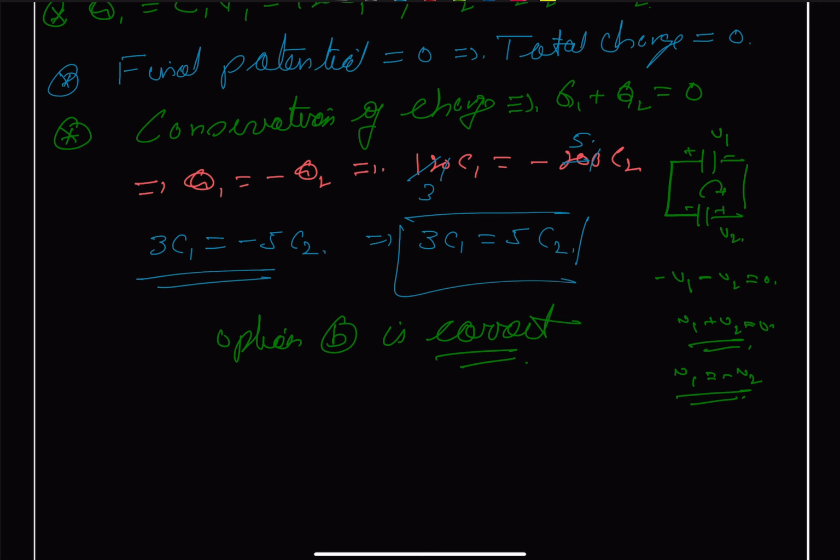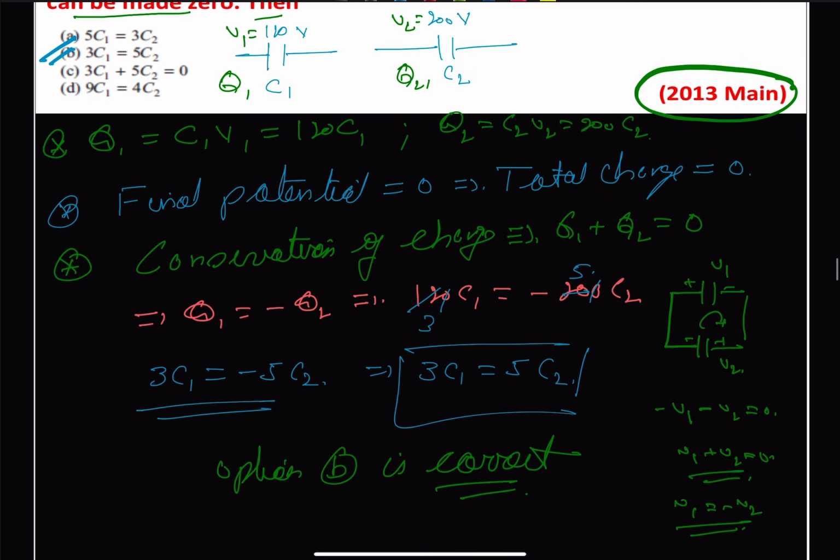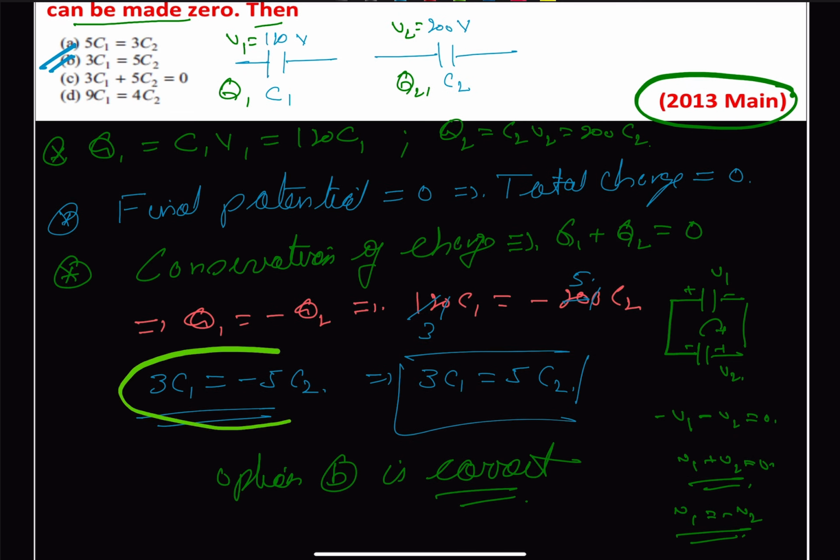So minus V2, yeah, this looks good now. Their potential will be equal but in opposite sign. So if this condition holds, then condition C is also going to hold.